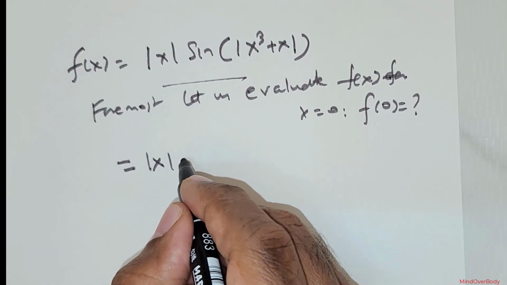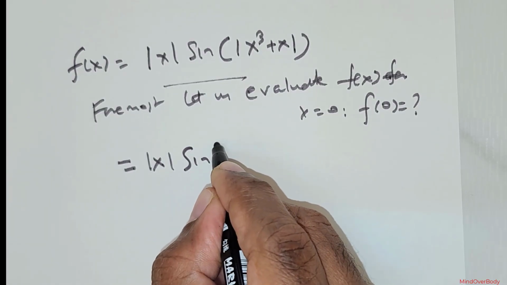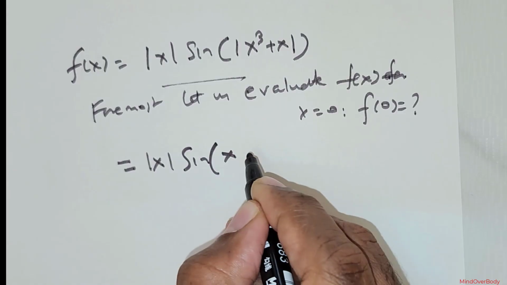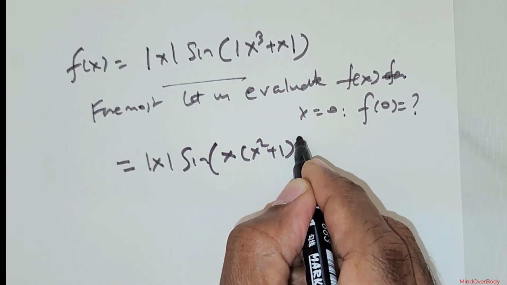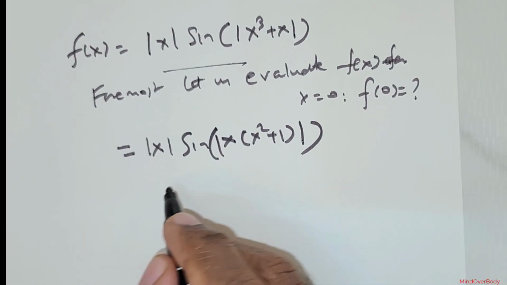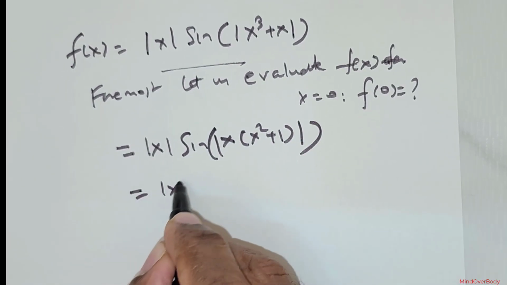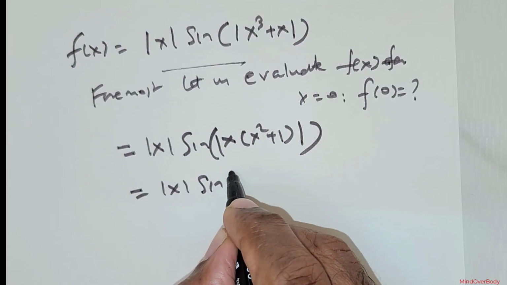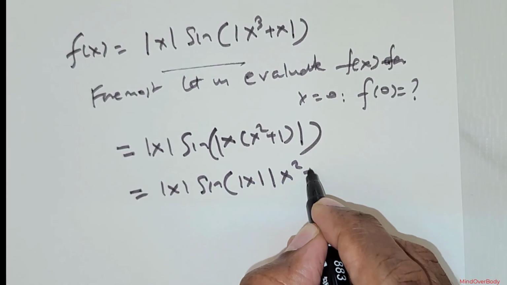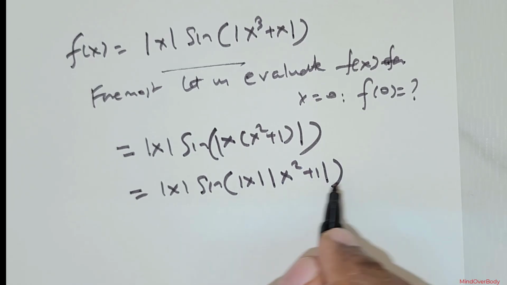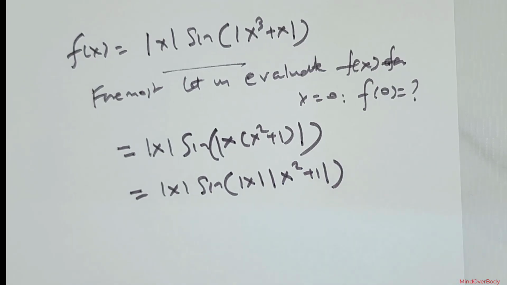I can rewrite this as modulus of x sine of, I take x out, so this is going to give me x squared positive 1, all with the modulus sign. I can rewrite this as modulus of x times sine of modulus of x times modulus of x squared positive 1. Fair enough, right?